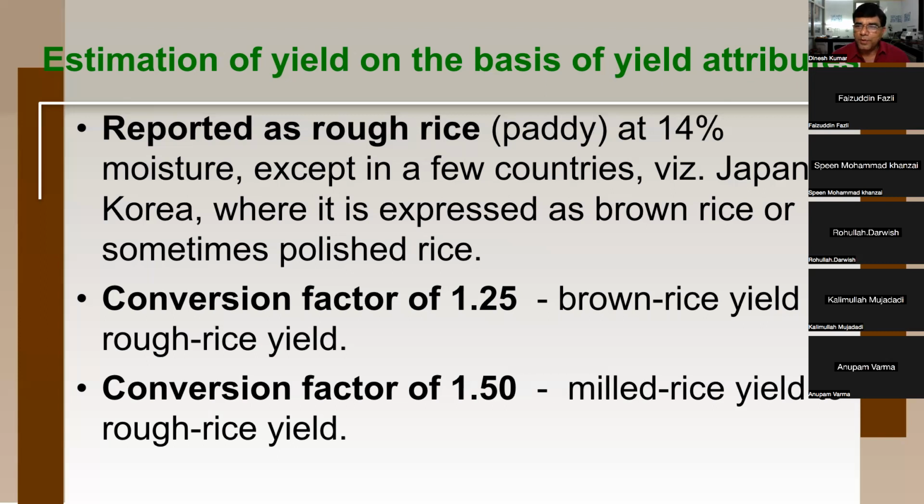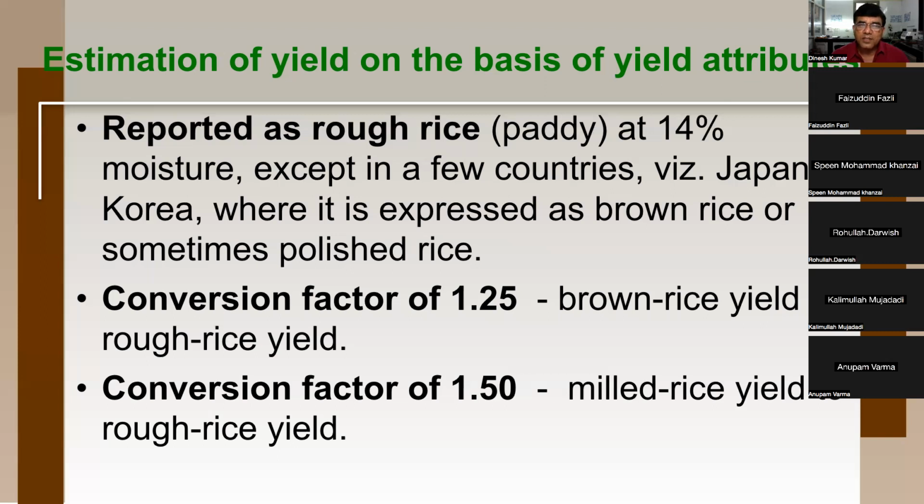If you have optimum or good growth, then it may result in higher values of yield attributes. Attributes, parameters, and characters are the same word. You can call it yield attribute, yield contributing factor, yield parameters, or yield characters.